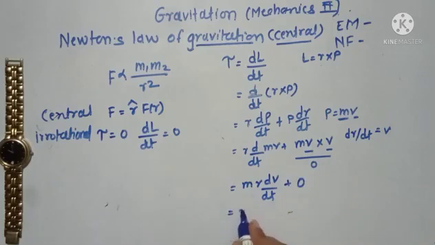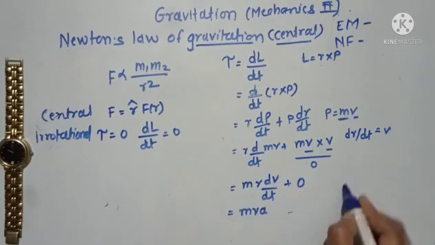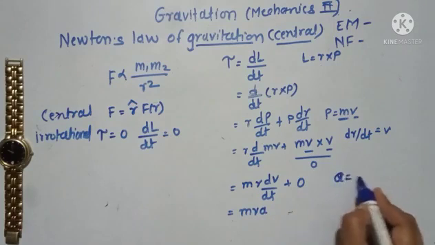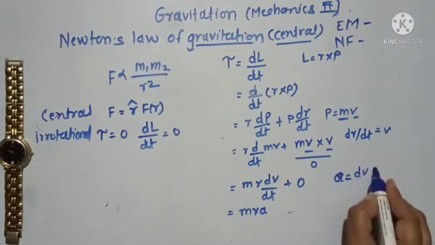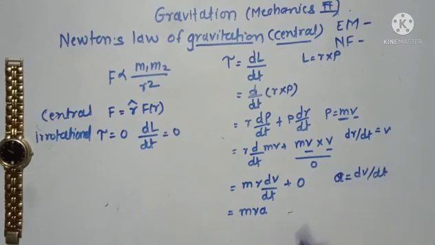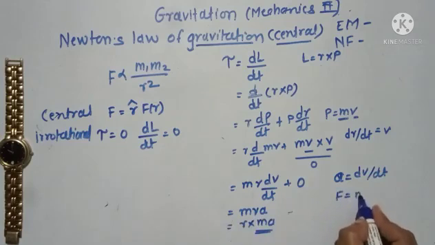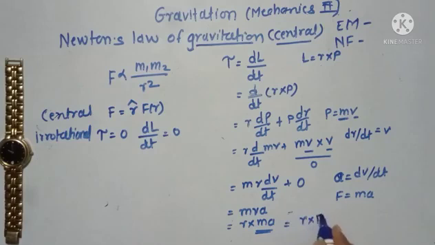So dv/dt is nothing but acceleration a, the rate of change of velocity with respect to time, and I can write r cross m into a. Force is nothing but mass into acceleration, so let us put this as r cross F.